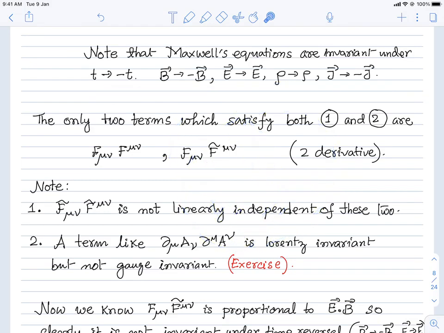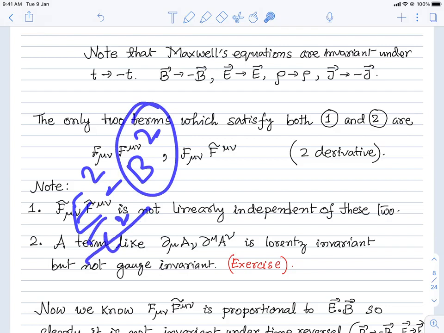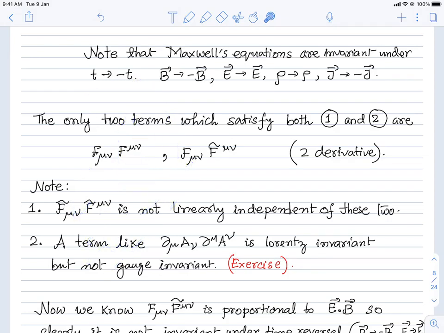On the other hand, this term being E square minus B square is invariant even under time reversal. So because this is invariant under time reversal, this is the term that we can use to write down the Lagrangian.